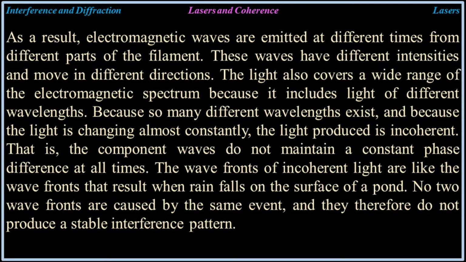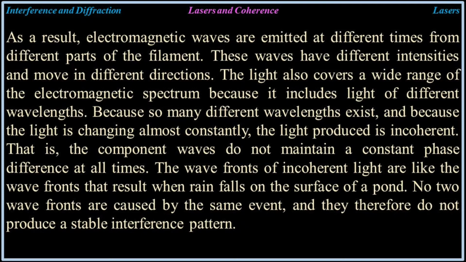As a result, electromagnetic waves are emitted at different times from different parts of the filament. These waves have different intensities and move in different directions. The light also covers a wide range of the electromagnetic spectrum because it includes light of different wavelengths. Because so many different wavelengths exist, and because the light is changing almost constantly, the light produced is incoherent. That is, the component waves do not maintain a constant phase difference at all times.